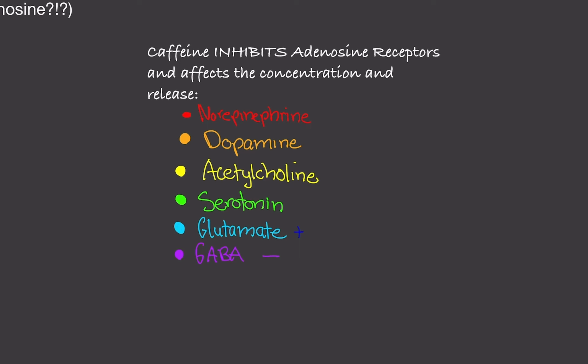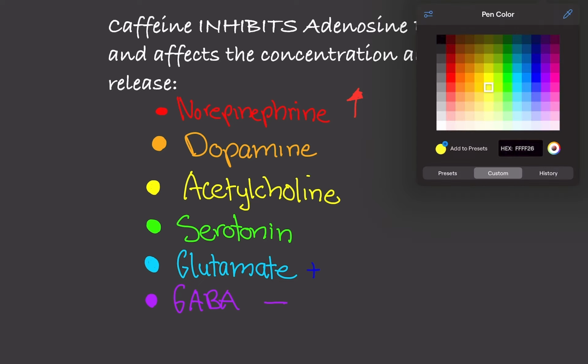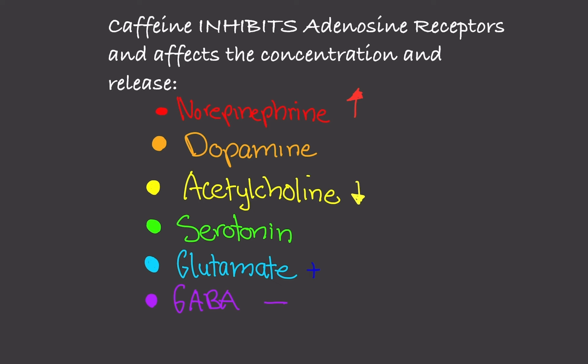Not enough can bind. In turn, this will increase norepinephrine levels. Let me draw a downward arrow here. In turn, norepinephrine levels go up, and this is why your heart beats faster.